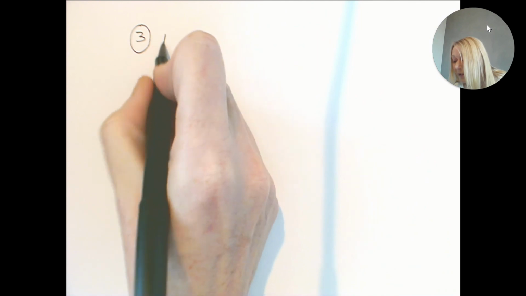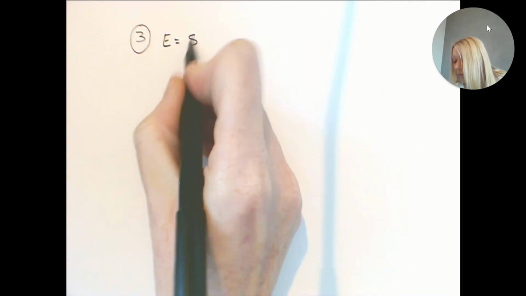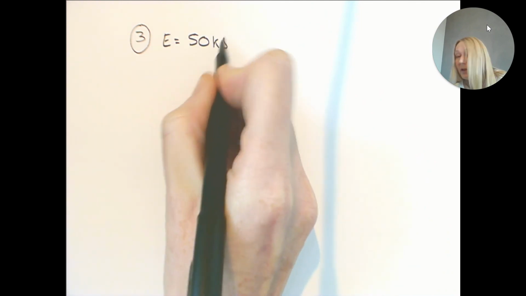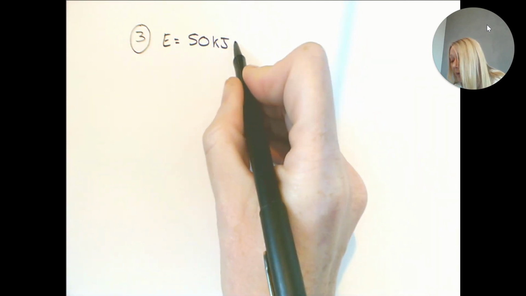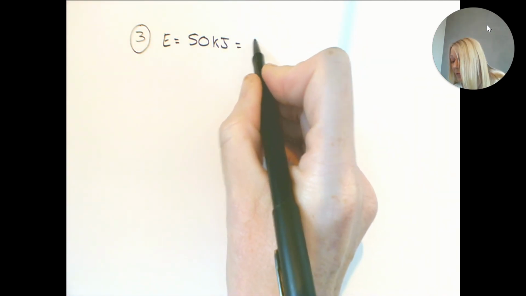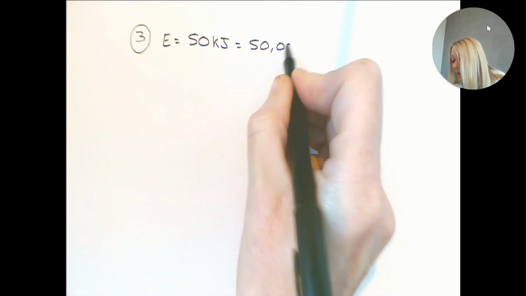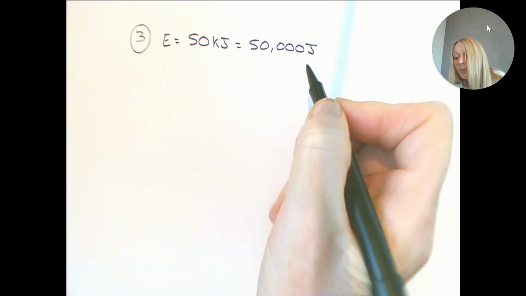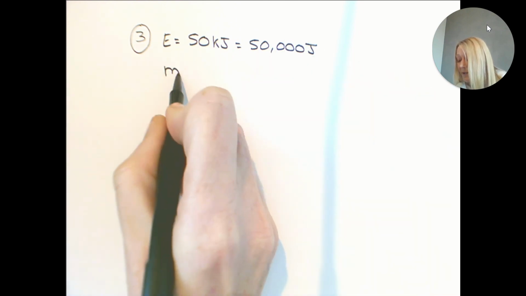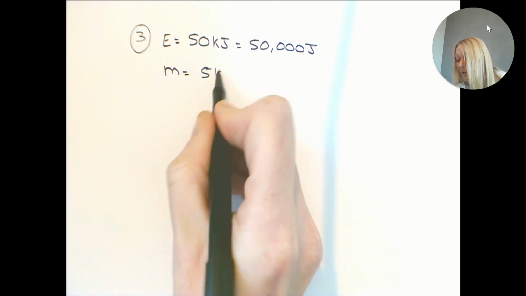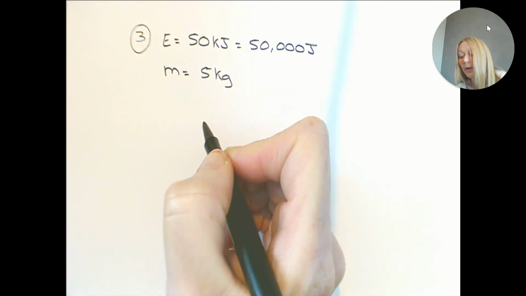So question 3, again we're going to pick out what they've given us. So they've given us the energy of 50 kilojoules, and again we know we need to transfer this into joules. So it's 50,000 joules. The mass was 5 kilograms.